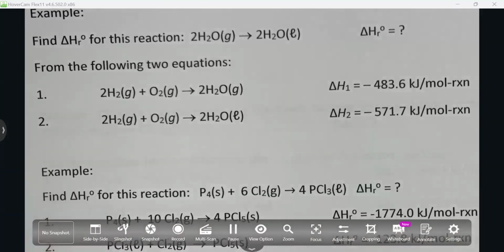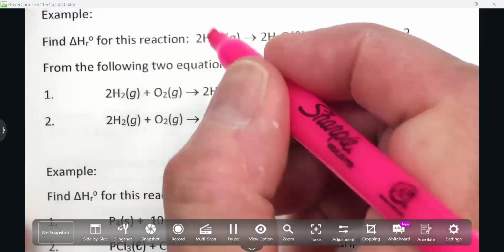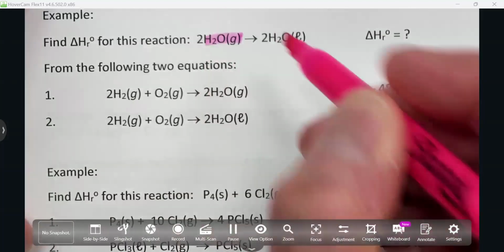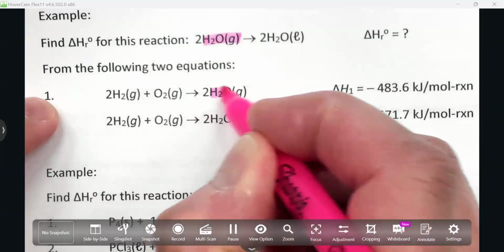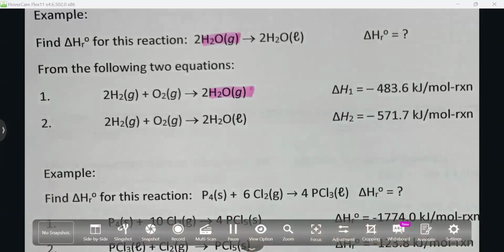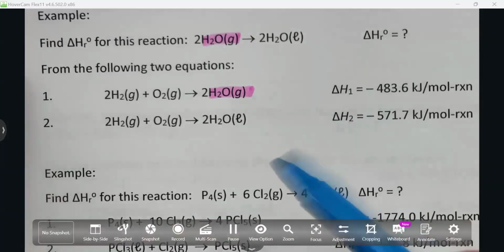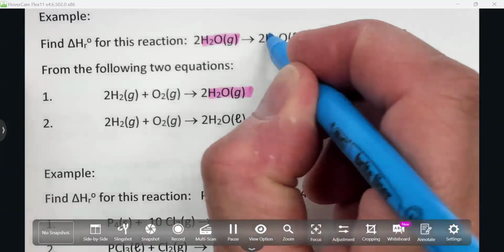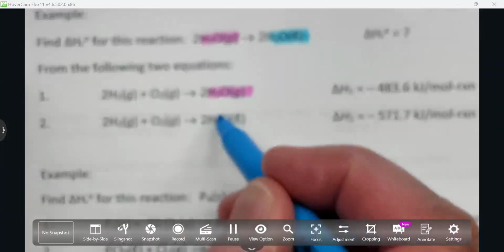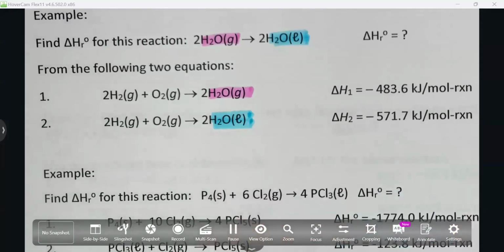So I'm going to grab a highlighter, and my H2O gas here that I want is here. And my other color, it doesn't matter what color. Here I have H2O liquid, and here I have H2O liquid.